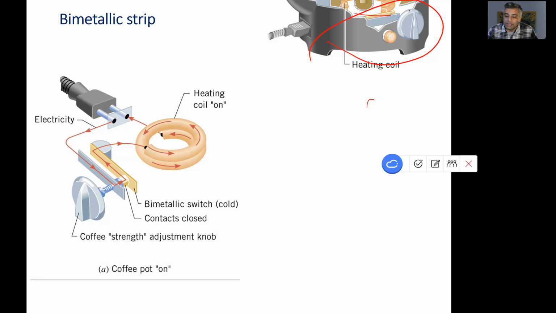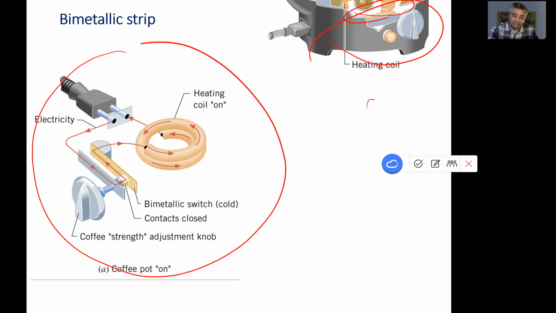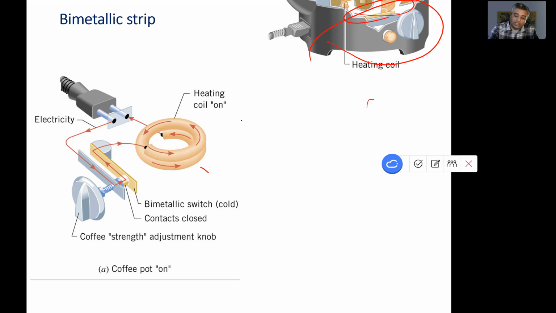Inside, the heating element of a coffee pot looks like this. There is a heating coil that heats the liquid, but there is this knob, and right next to the knob, there are these two metallic strips.